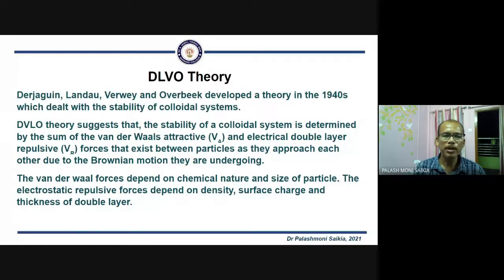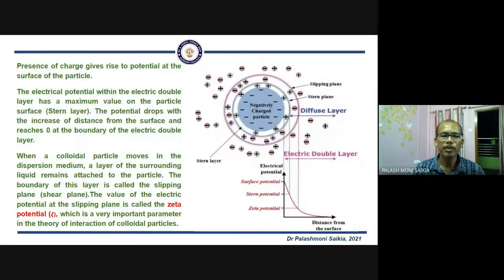Now if you see in the EDL, certain things are not explained. It was worked on initially by Helmholtz, who gave us the concept of the double layer, then modified by Stern, who gave us the concept of the Stern layer, and finally Gouy, and the concept of zeta potential came up.